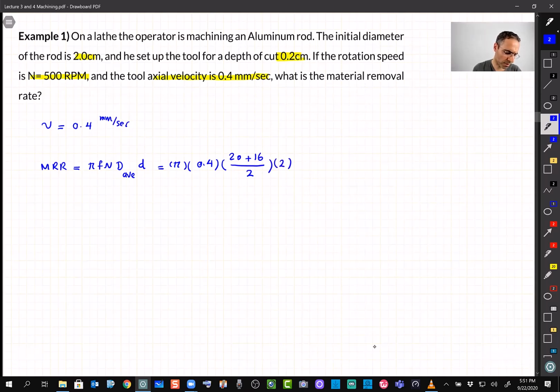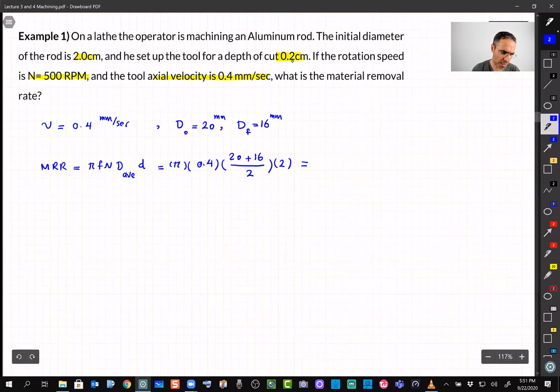So our D0, let's see, I haven't made a mistake, 20. And our D final, if you want a depth of cut of 2 millimeters, so it means our D final will be 16 millimeters, not 18, right? So putting these numbers together, I guess, but check my calculation again, please.